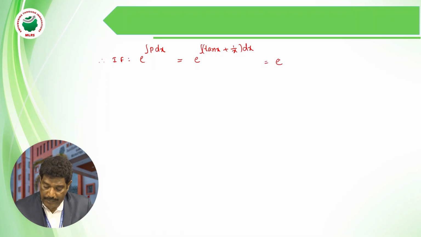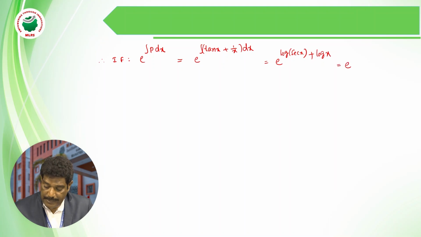Now, e power of integration of, what is integration of tan x here? Integration of tan x is log of secant x, and plus integration of 1 by x will be log x.